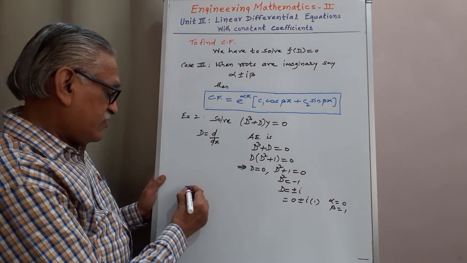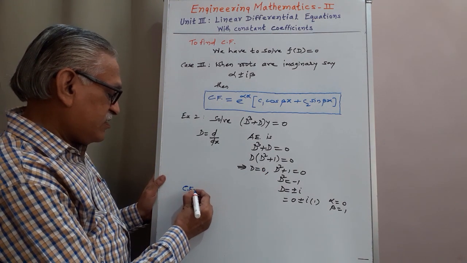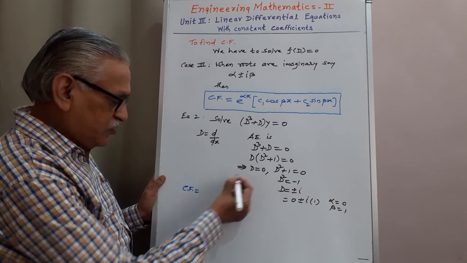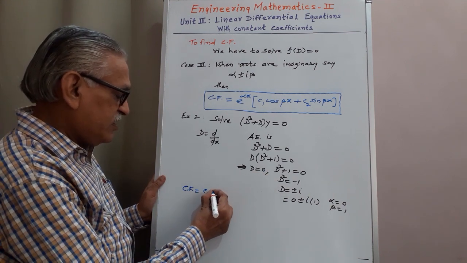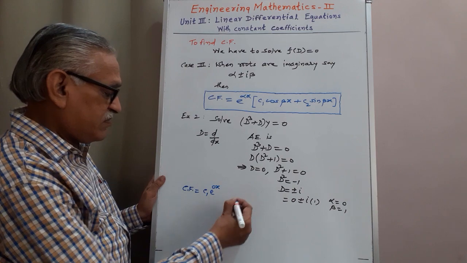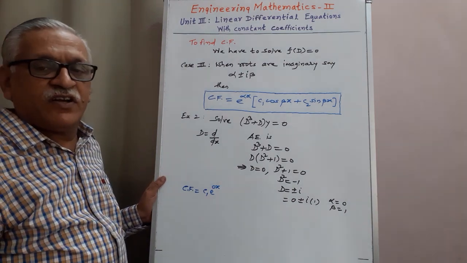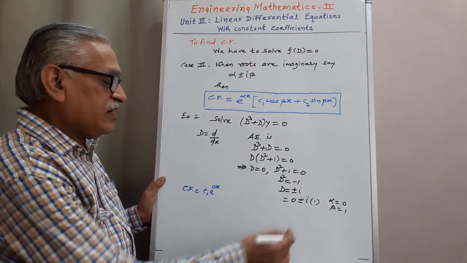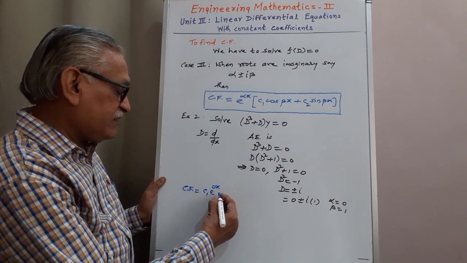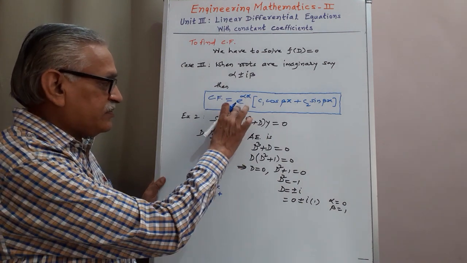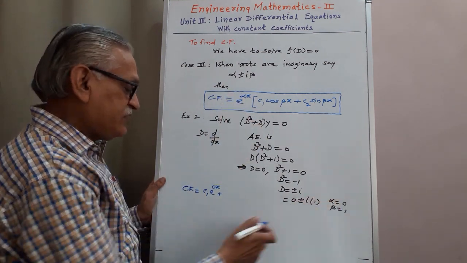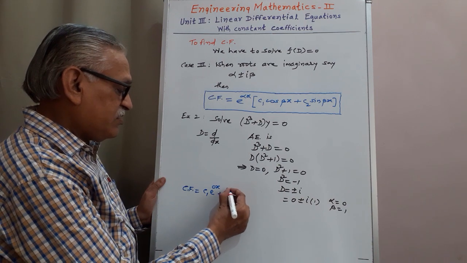Therefore, the complementary function for the first root is c1 e raised to 0x. First case, when roots are real and different. And for the imaginary roots, we apply e raised to alpha x, where alpha is 0 here, so e raised to 0x.